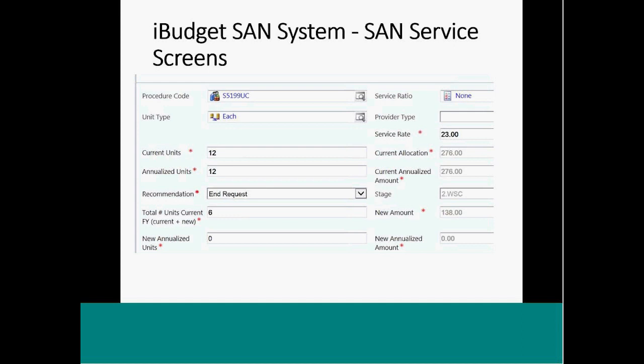So in this case, whatever the service is ending, they had 12 units, but the service is ending because they're changing services to something else. In this case, they only need 6 units for this current fiscal year. Don't 0 it out, but put the total number of units they need for this current fiscal year, and then 0 it out for new annualized units because that service is ending.